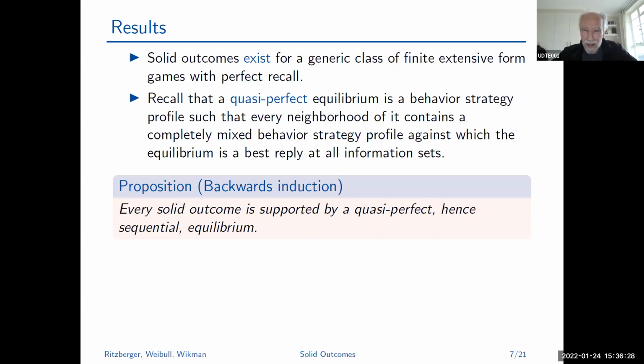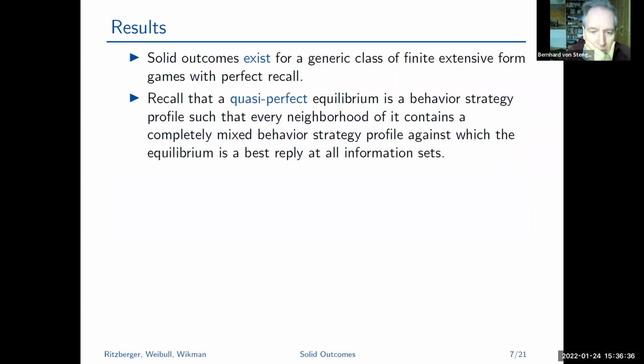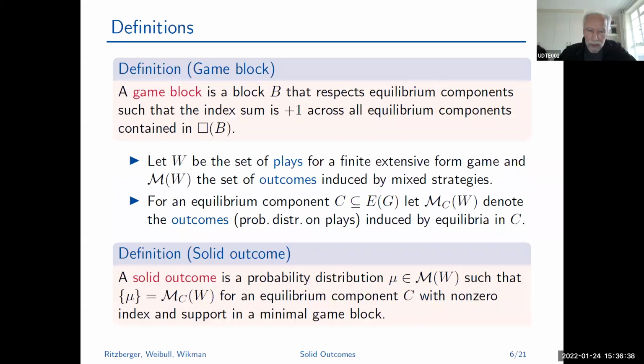The generic class we need because we defined solid outcomes as a singleton. Let me emphasize this again. If you look at the definition of a solid outcome, we say that this probability distribution on plays is the unique outcome induced by all equilibria in the component C that has non-zero index and support in a minimal game block.